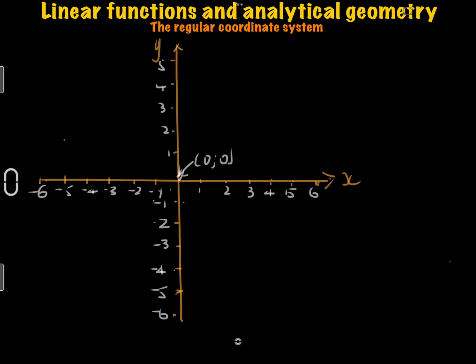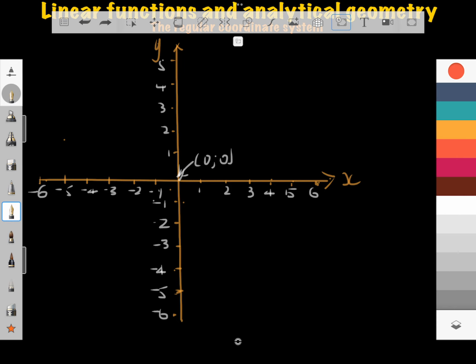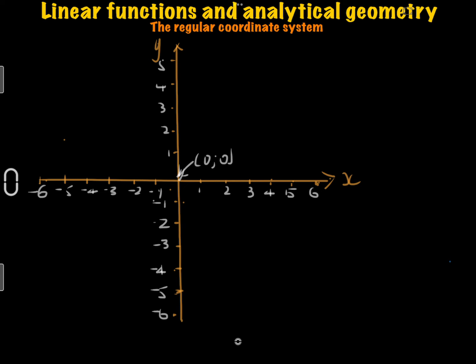P is at -1 and -2, so we have P here at -1, -2, the intercept here. Okay, so that is point P.